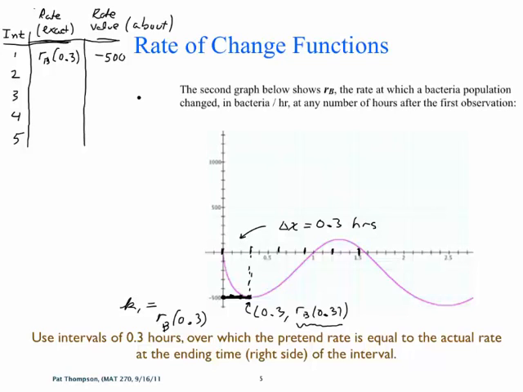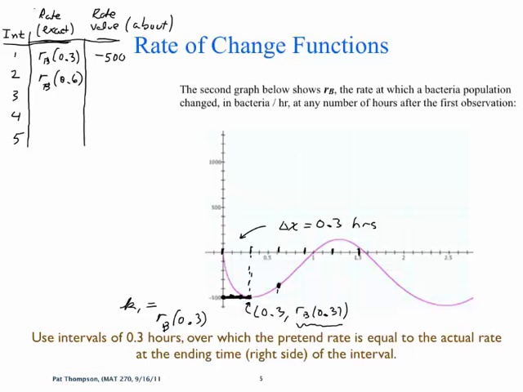Cody, how'd interval 2 go? What's the exact rate that we're going to use for the whole interval number 2? 0.6. So we go to the right side of the interval, x equals 0.6, and where is r sub b of 0.6? Tell me when to stop. Right there.